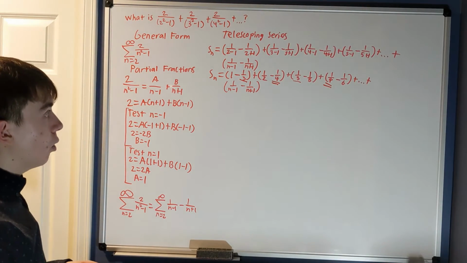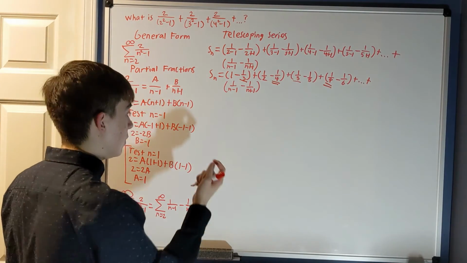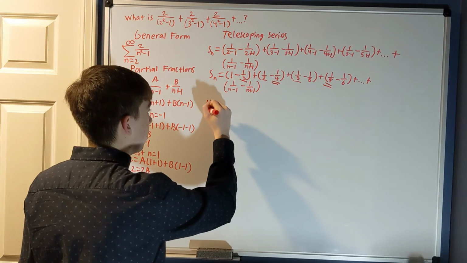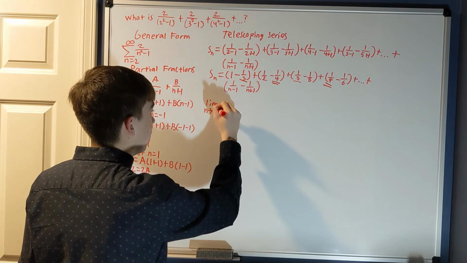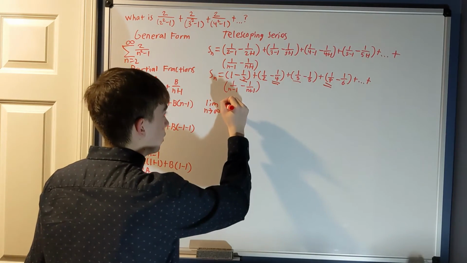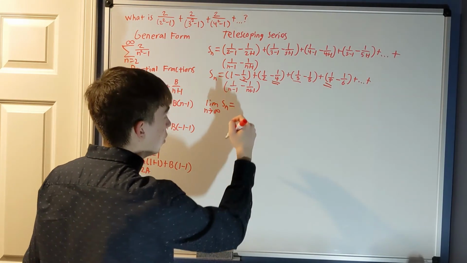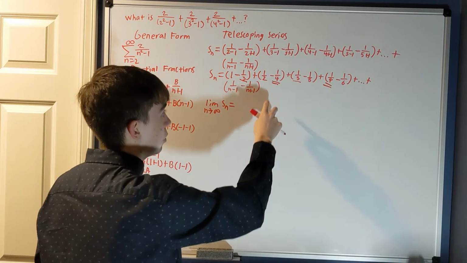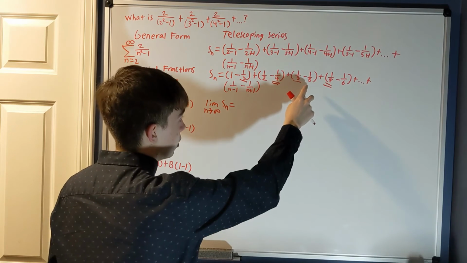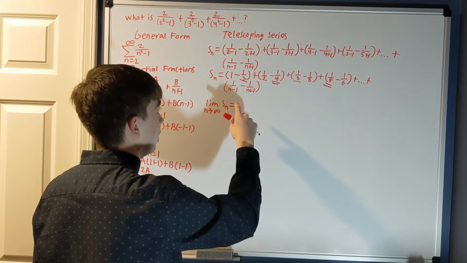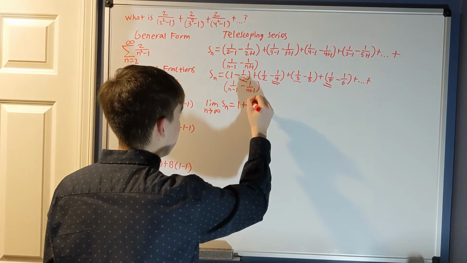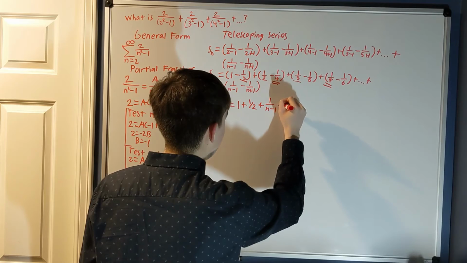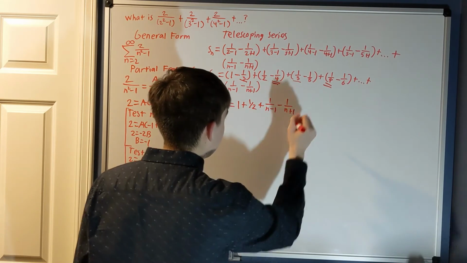So since we know these are canceling, let's summate the series as we take the limit as n approaches infinity of s of n. That is going to equal the terms that are not canceled. The 1/3 term canceled, the 1/4 term canceled, the 1/5 term will cancel as well. So the terms that we'll be left with are 1 plus 1/2 minus 1 over n minus 1 minus 1 over n plus 1.